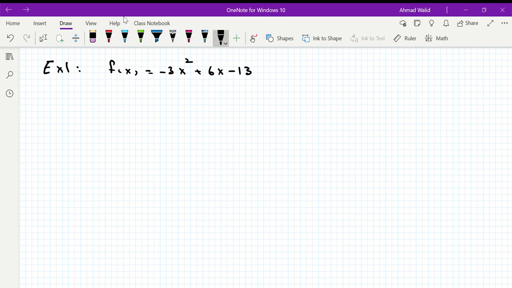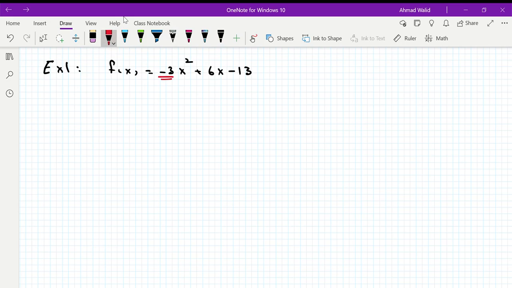And this function, they're asking you a few things. First, A, determine without graphing, whether the function has a minimum value or a maximum value. Don't graph it. Just look at the function and take a decision if your function has a max or a minimum point. To do that, you always focus on what?